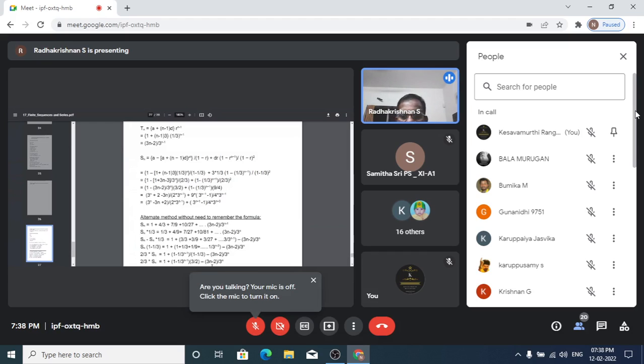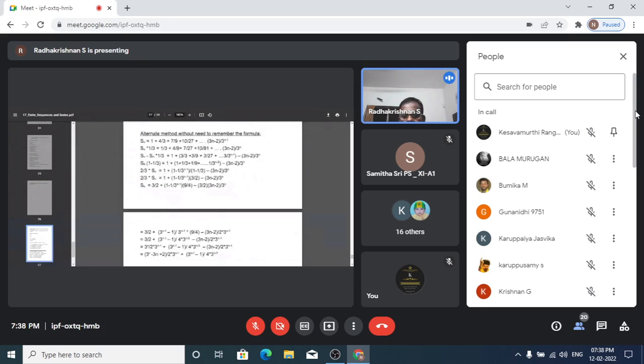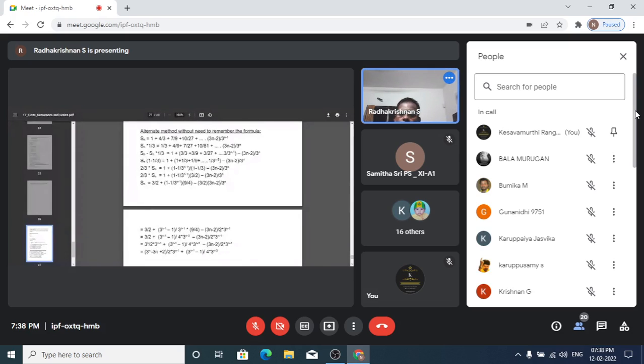So 2 by 3 into Sn equals this. Then Sn equals, you multiply by 3 by 2. That's how you get this. On simplifying, you will get whatever we got earlier. Same thing.